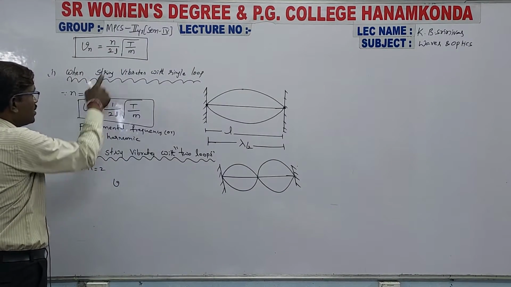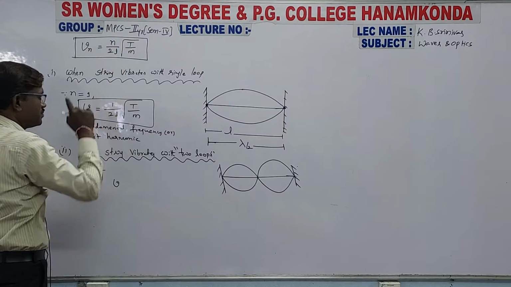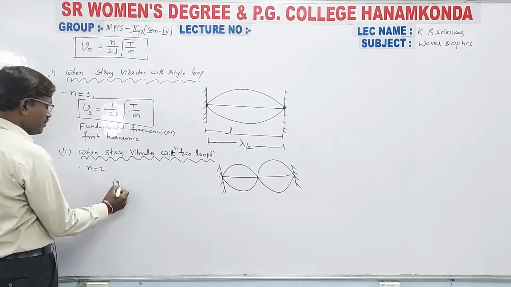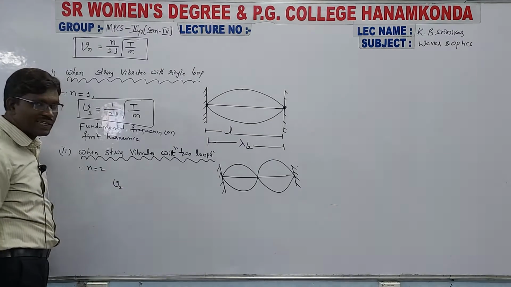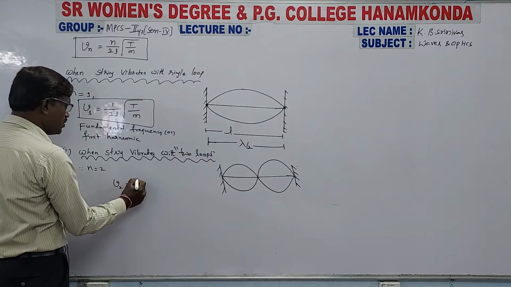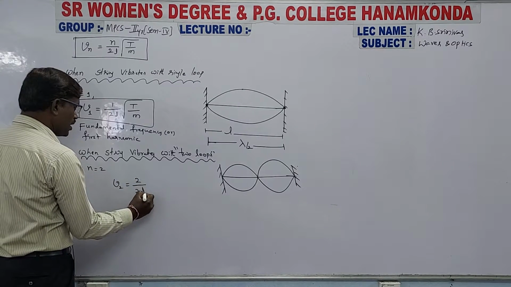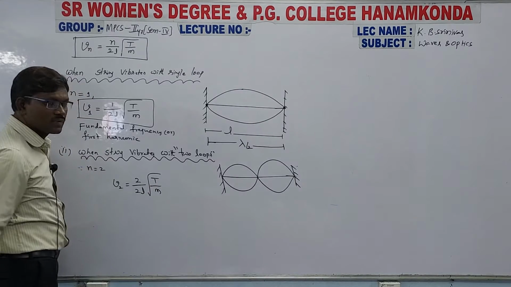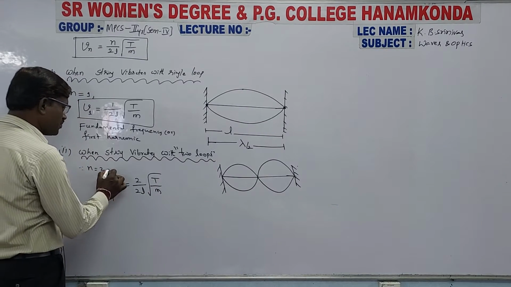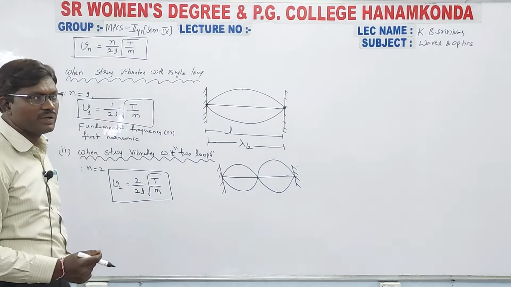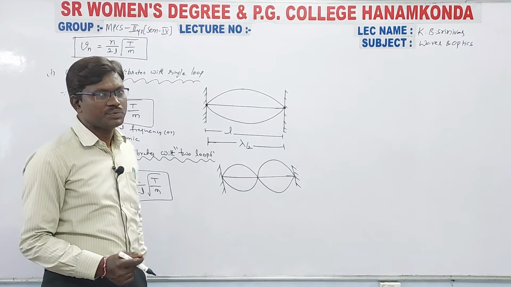As n equal to 1, the numerator becomes 1. When the string is vibrating with two loops, nu 2 is equal to 2 by 2L under root of T by small m. This is the expression for frequency of the string vibrating with two loops.